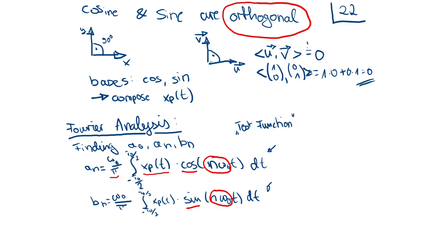These functions take a measure of how much of the cosine part is inside the periodic signal with the specific frequency n omega 0. And the other function also tests how much of the sine function with the frequency n omega 0 is inside the periodic signal.